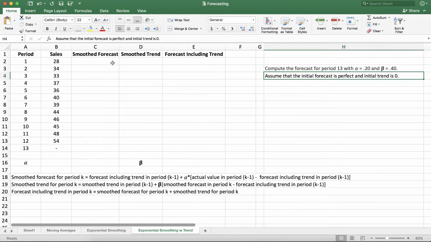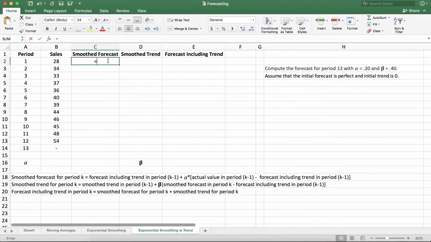So this means that your initial forecast is equal to the sales amount. And then your smoothed trend, the initial trend, is equal to 0. So the question says the initial trend is 0, so you just enter 0 in this one. So let's leave it like that for now. I just inputted what I know. And I also know alpha is equal to 0.2 and beta is equal to 0.4.